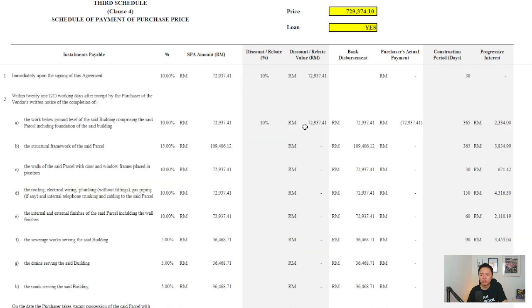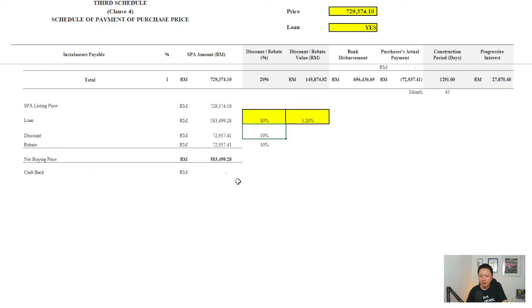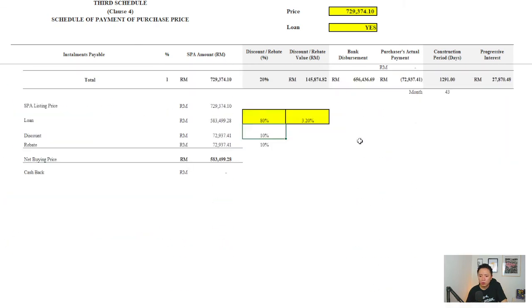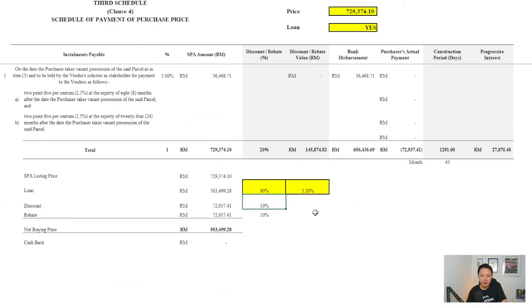Let's see how much you need to pay. If you get 80%, it means that you still don't need to pay any money. It's technically no money down for this. You don't need to pay the upfront 10%. You don't need to pay the subsequent 10% because it's covered by your rebates. So yeah, you buy this.